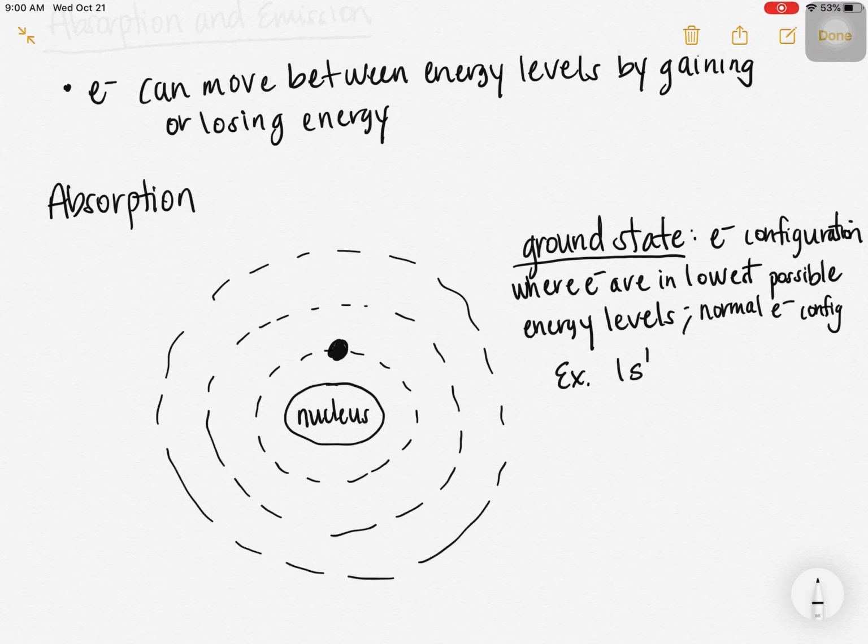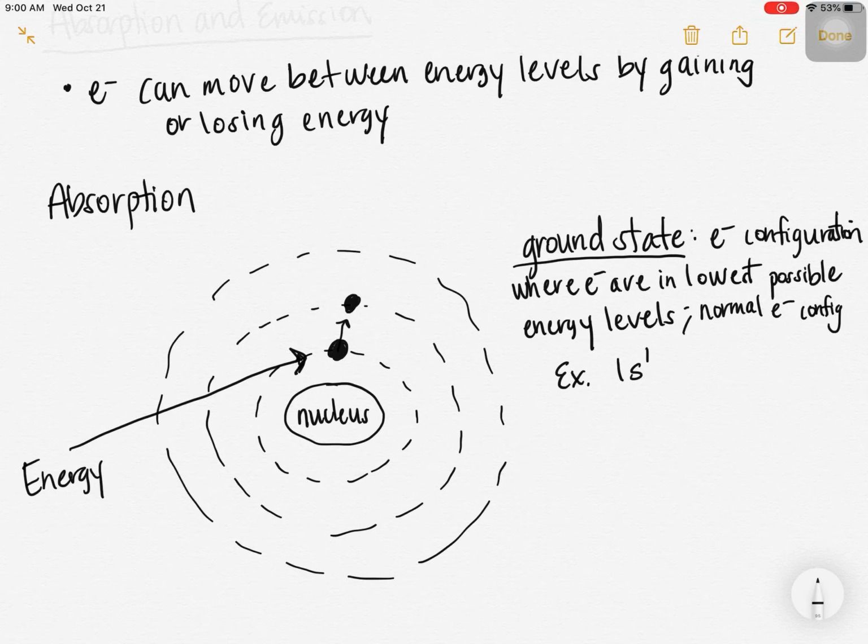Okay, so what happens is if we pump this electron with enough energy, we might be able to get it to jump up to, let's say, the second level. Now that requires a specific amount of energy, and that specific amount of energy would be the energy difference between level 1 and level 2. Okay, it has to absorb that exact amount of energy.